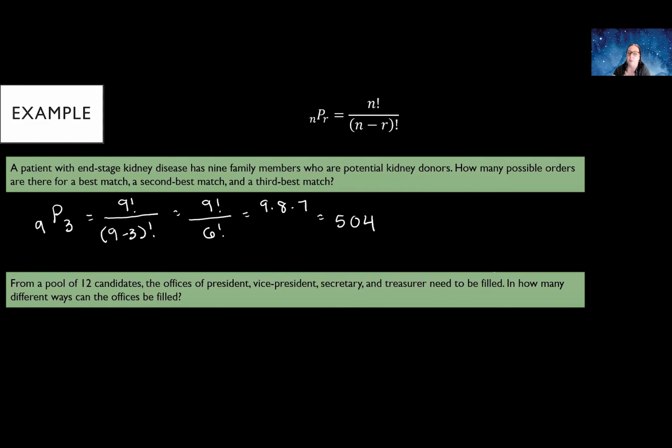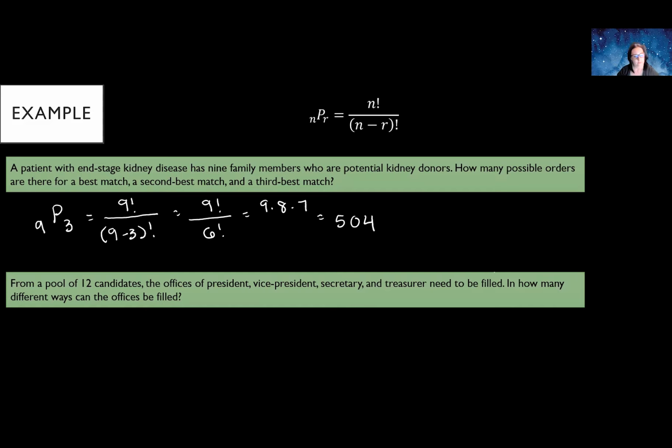So this type of problem is great for a probability problem because there are 504 different ways this can happen. So what is your probability that a specific ordering is in this specific order? It would be 1 out of 504.